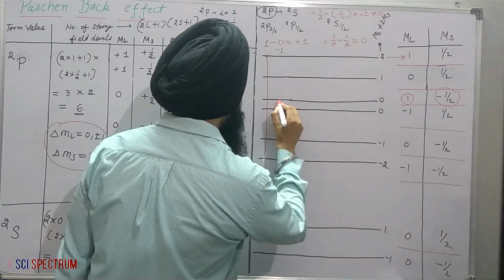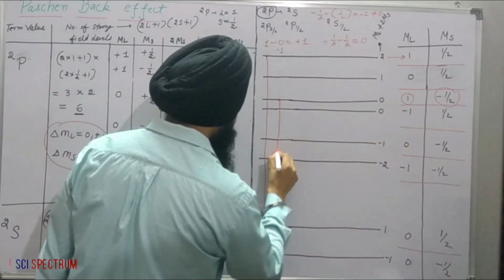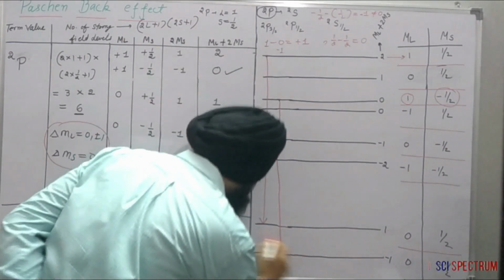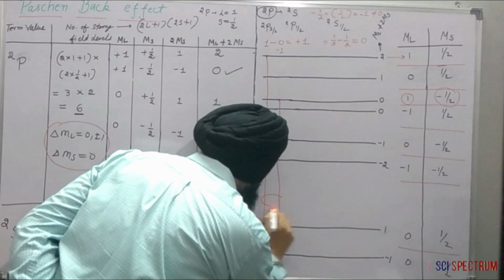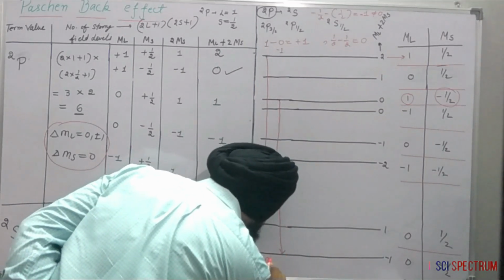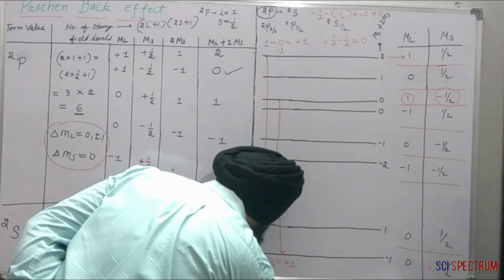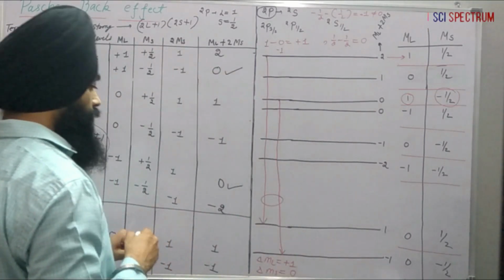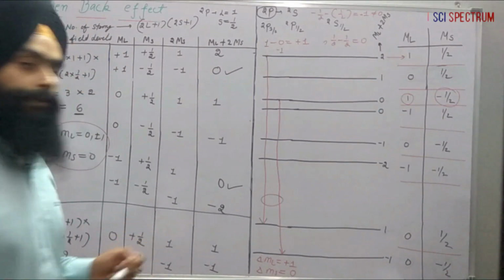So this transition is also possible for our selection rule. For both of these transitions we have delta ml is equal to plus 1 and delta ms is equal to 0. So let us switch to the other selection rule.